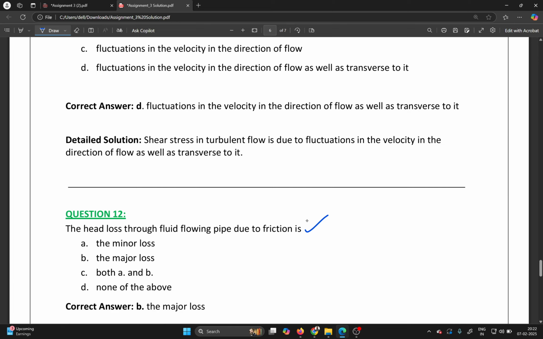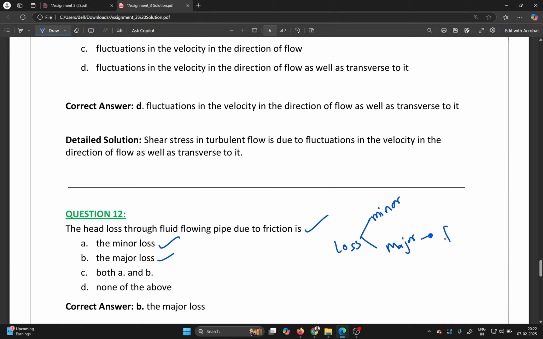Previously the question was about major losses due to friction, but here it asks what type of loss is due to friction, whether minor or major, or both. The losses in the pipe are of two types, as you all know already: minor as well as major.